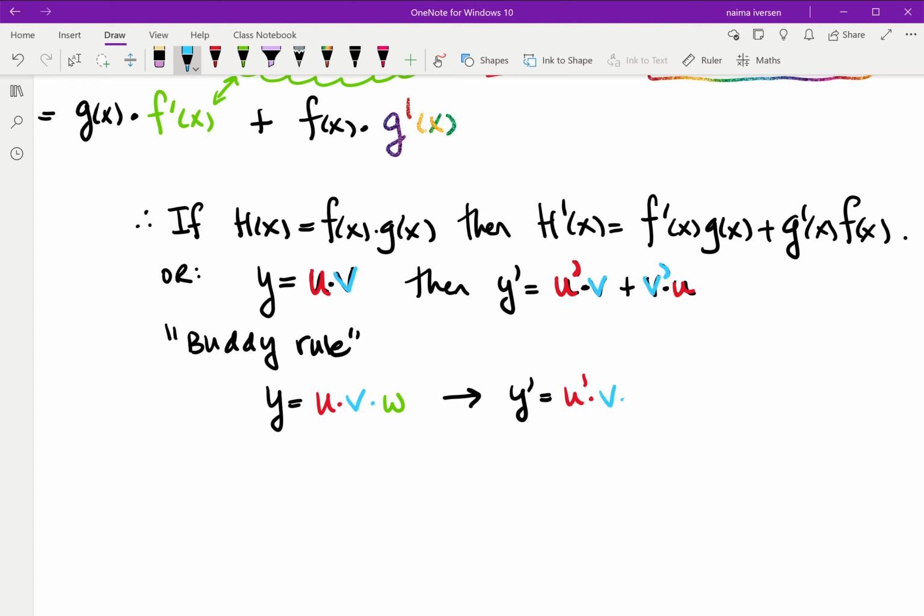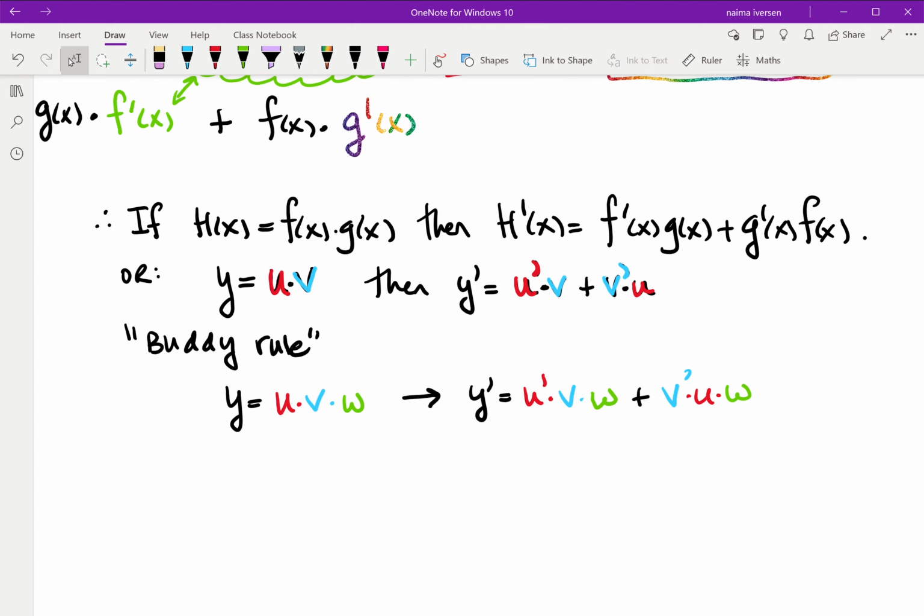And then, who comes next? Well, maybe v comes next. V is going to be the derivative while u and w wait for him. And then, who needs to be the derivative still? Oh, w needs to be the derivative still while u and v wait. And so when we're dealing with the product rule, we are always dealing with the fact that everybody's going to get a turn at being the derivative.